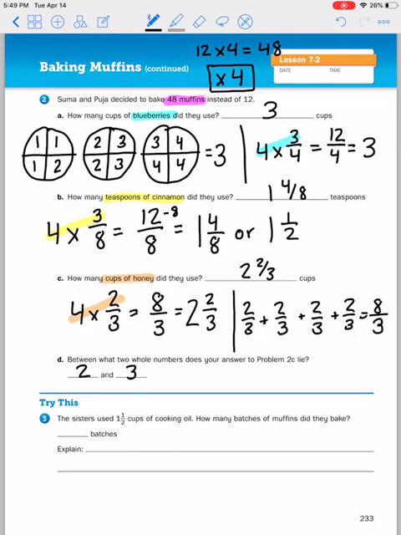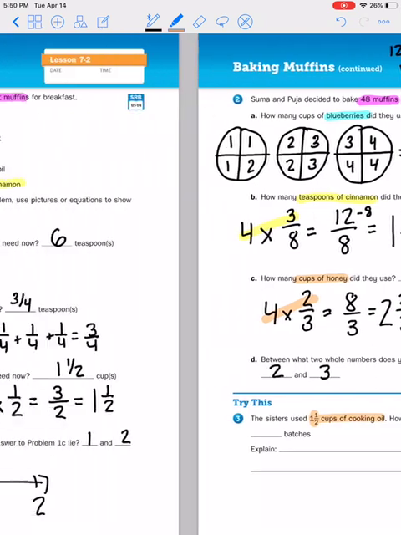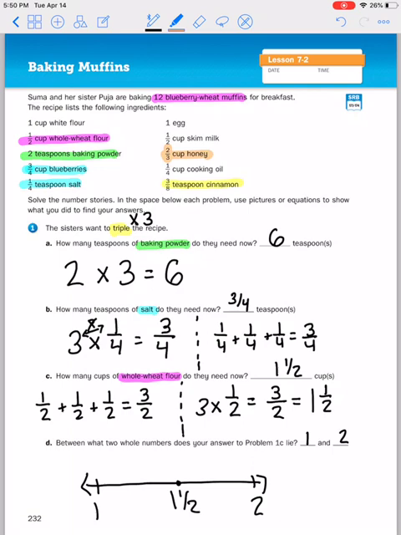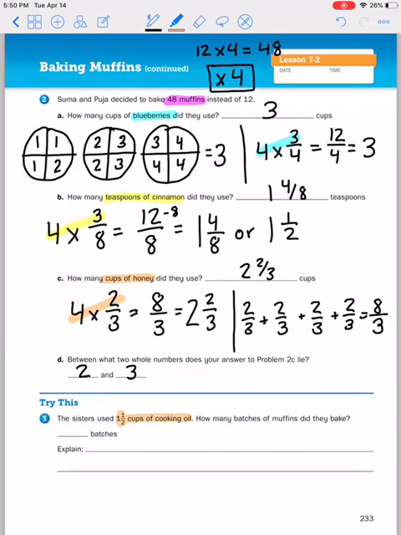Okay, number 3, the bonus. Try this. It says sisters used 1 1/2 cups of cooking oil. How many batches of muffins did they bake? Well, let's look back at the original recipe, and I know that they need 1/4 cup of cooking oil in the original recipe. So let's think about it.